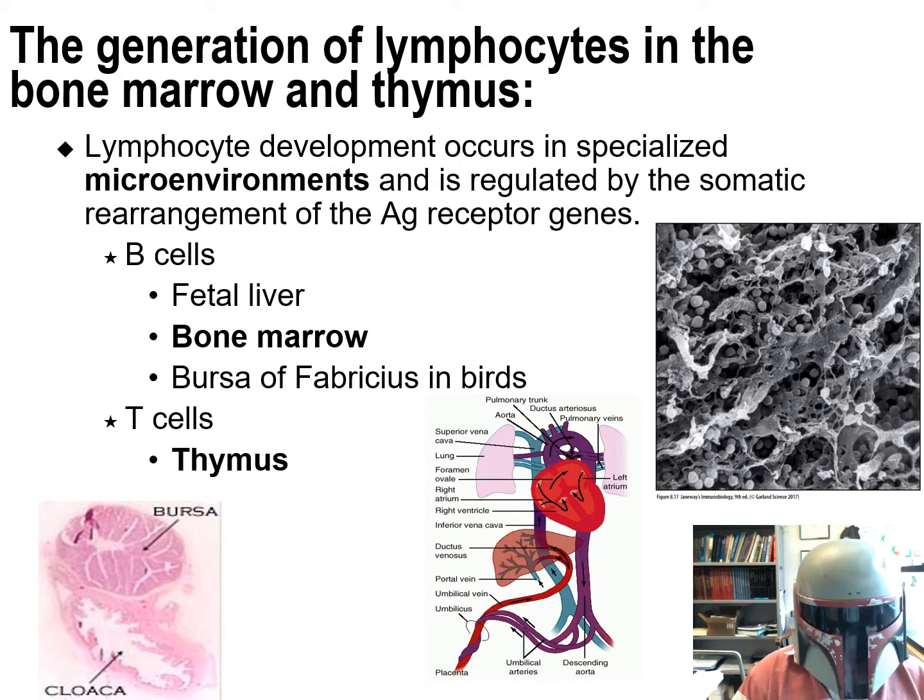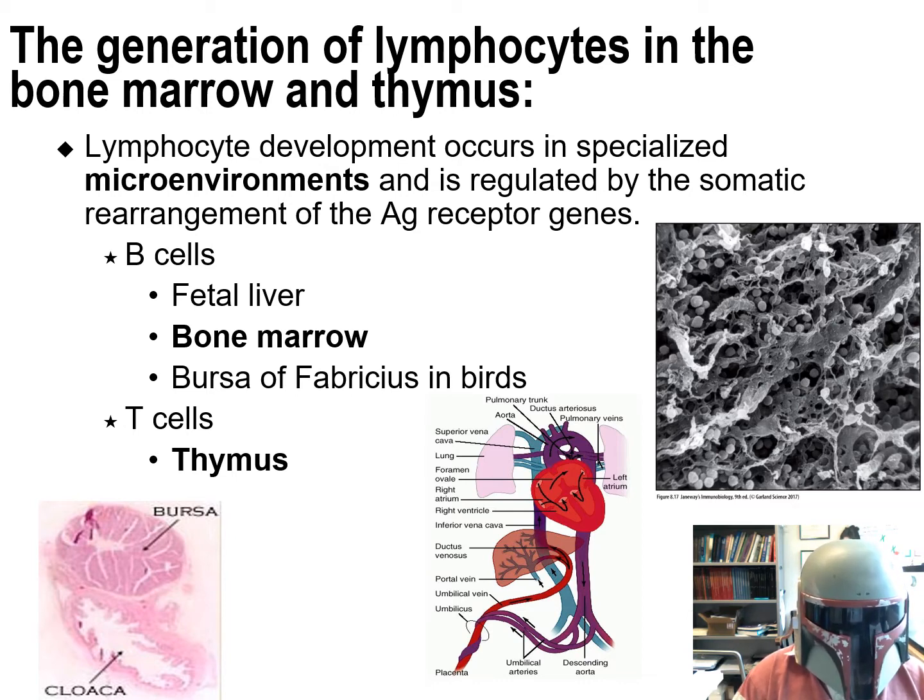But then again, once you're born, things switch over. Your lungs breathe air, and you switch over to the bone marrow. So we mainly talk about the bone marrow as the generator for B cells and pre-T cells, and then the T cells move to the thymus.